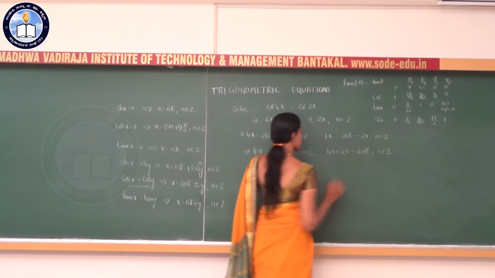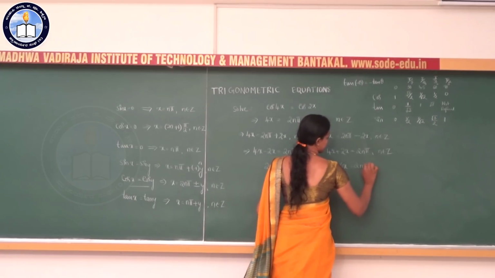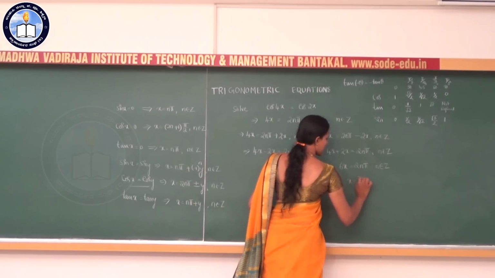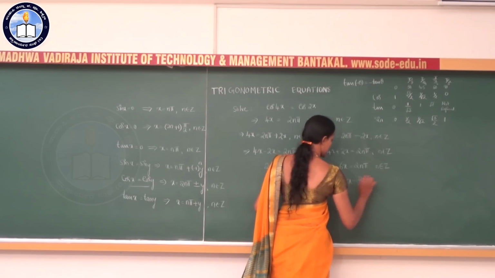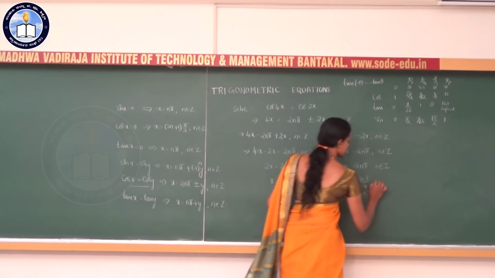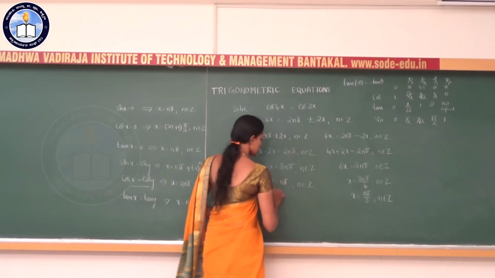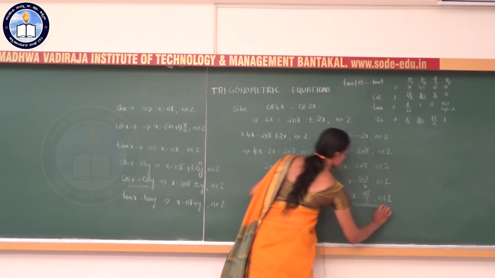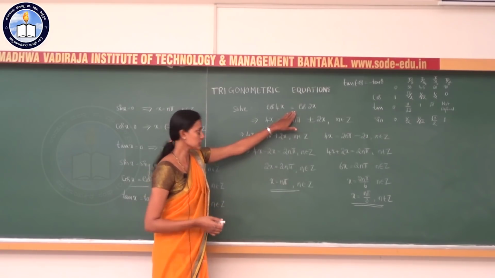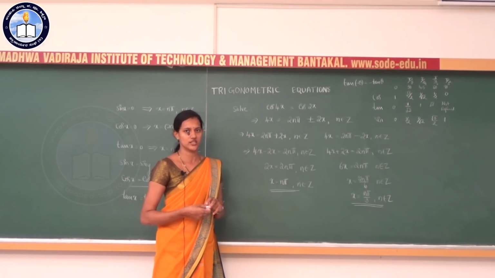And 4x plus 2x is 6x. So what is x? x is 2n pi by 6, or x is n pi by 3 for integer n. So these two equations represent the solution of the trigonometric equation cos of 4x is equal to cos of 2x.